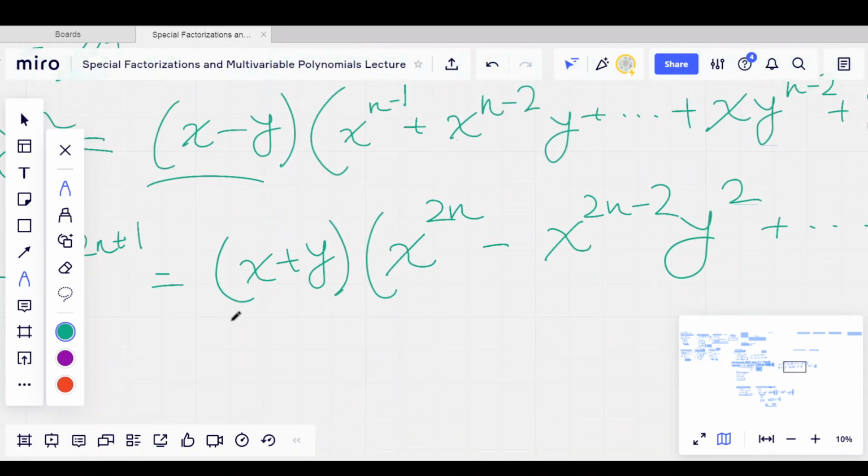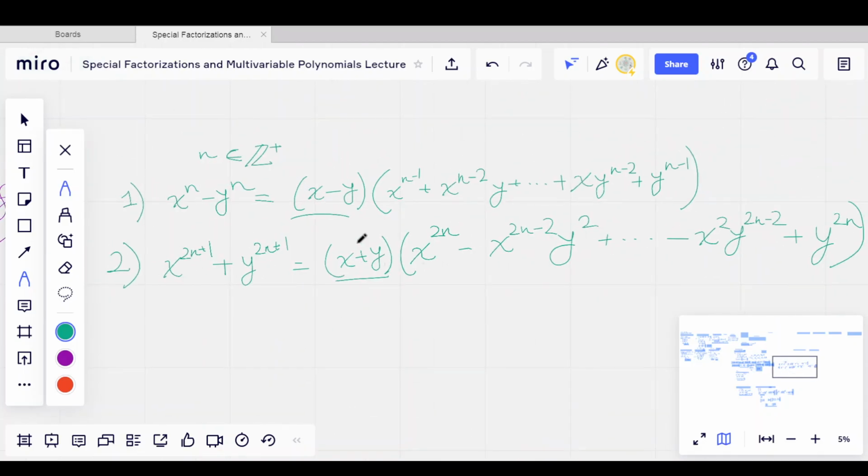If you don't see why, you can also just expand this whole thing by yourself. So just remember that this is only for odd powers. Okay? It does not work for even powers. Okay, so any questions about these two?